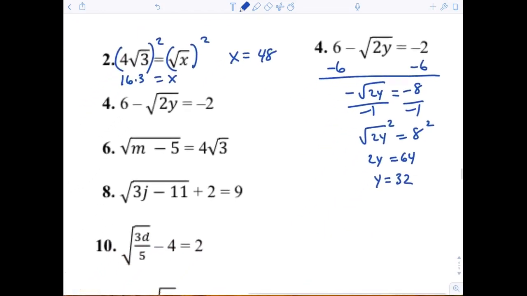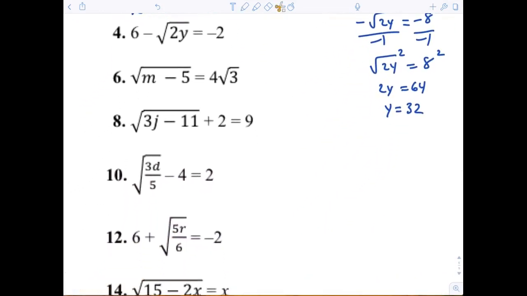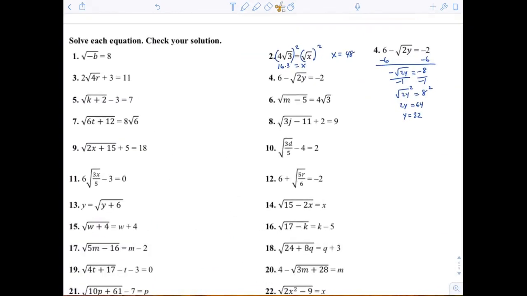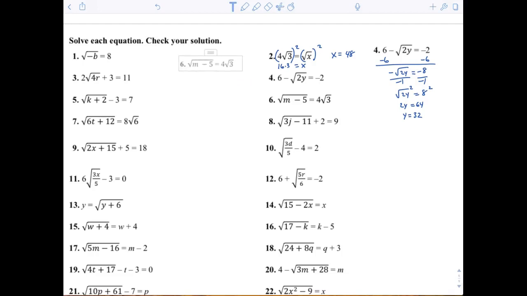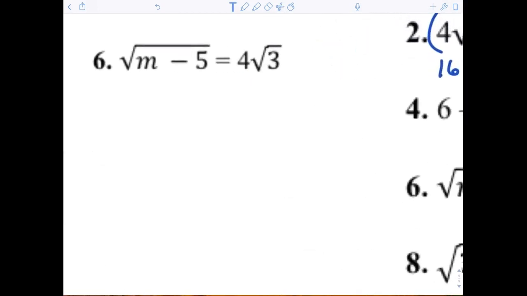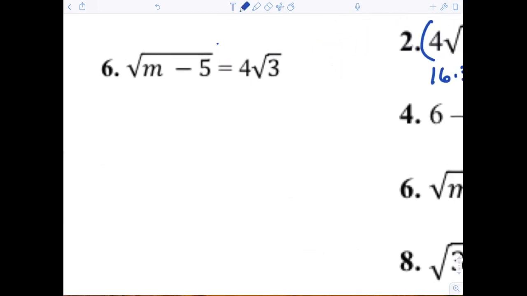All right, let's check out this guy. Okay, I'm going to highlight number 6 and bring it over here. So what do I have to do to both sides here, guys? That's already isolated, so you have to square. Now, be careful.